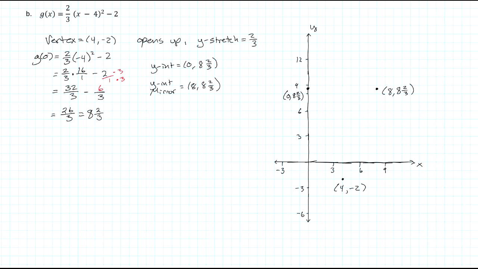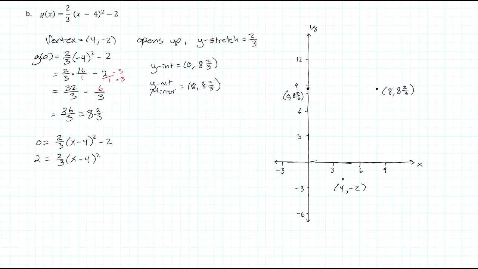All right, let's find these x-intercepts. I don't know that it's going to work out any better than before, but let's give it a shot. We've got 0 equals 2/3 times x minus 4 quantity squared minus 2. We'll add the 2 over to the other side. 2 equals 2/3 times x minus 4 quantity squared.